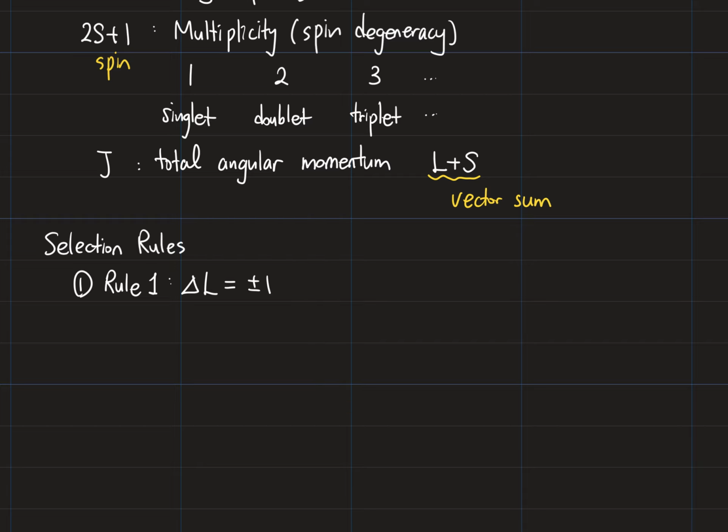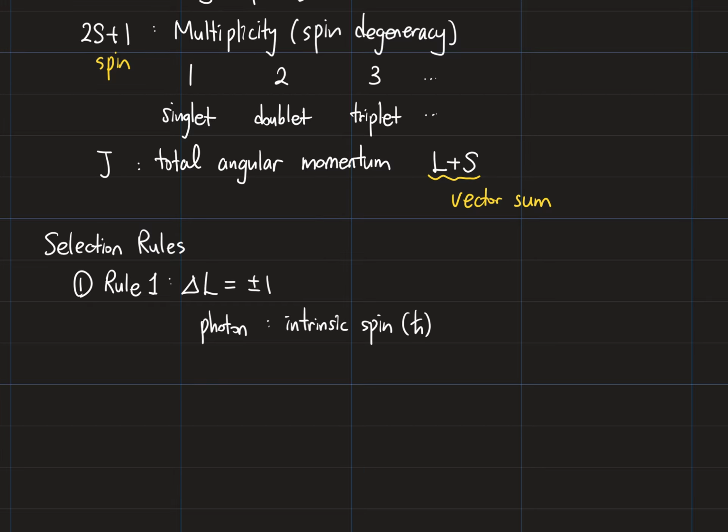Why? Because the photon itself carries an intrinsic spin of 1 unit, h bar.